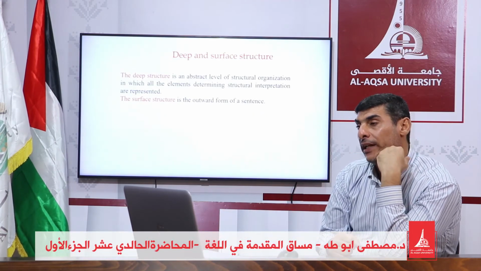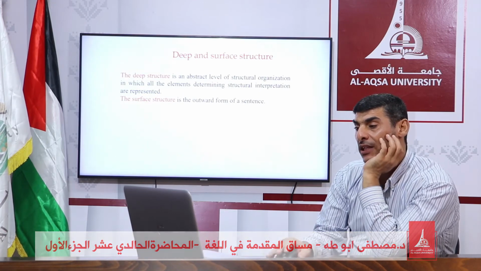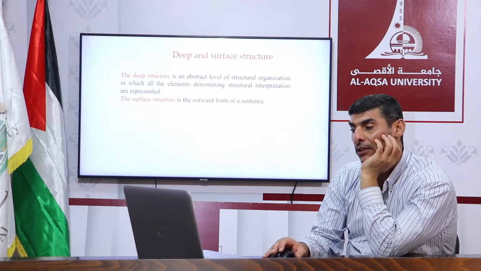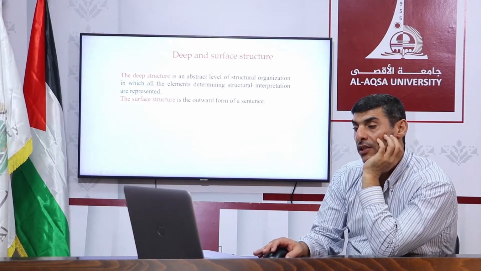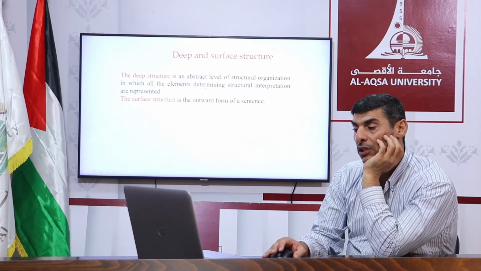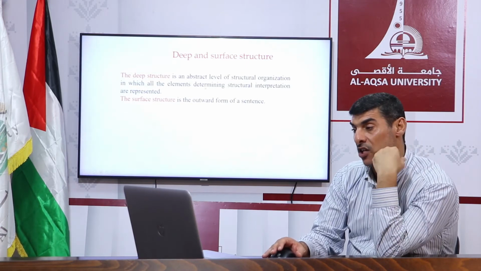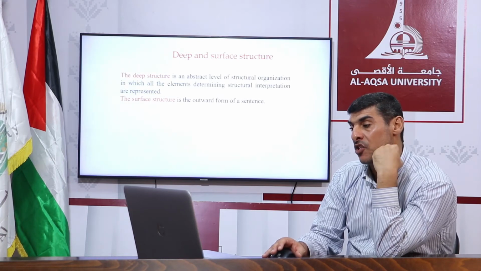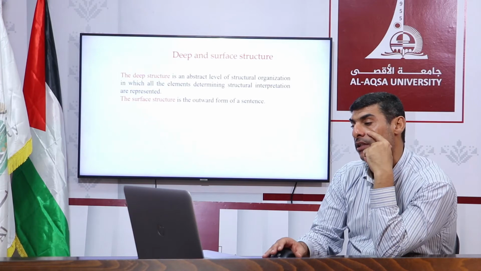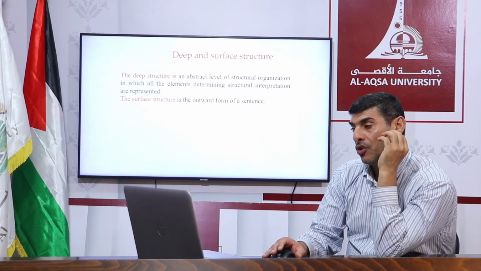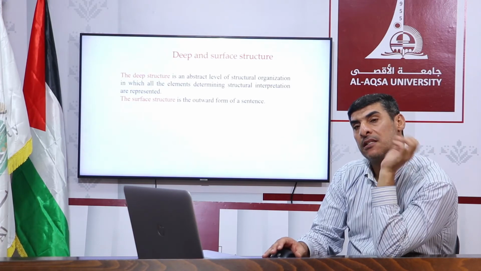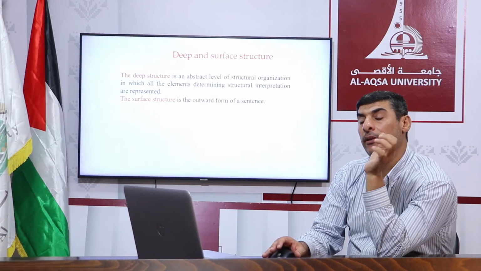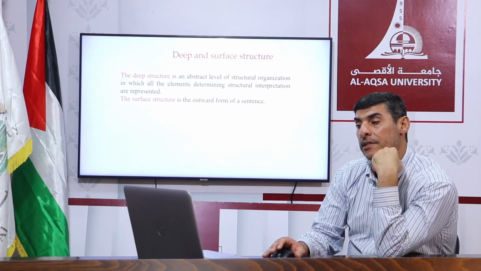Deep and surface structure. The deep structure is the abstract level of structural organization in which all the elements which determine structural interpretation are represented. Once again, the deep structure is the deep meaning that you have in mind. If I say, will you come tomorrow morning?